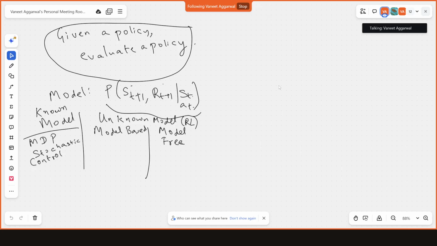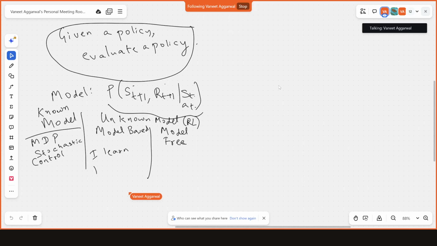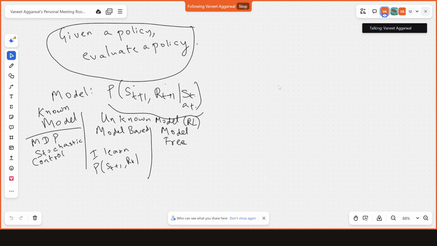Model based means I learn this p of s t plus 1, r t given s t and a t from the data. So I take enough samples and learn it and then can use it. So basically, it is a problem of learning the model and taking decisions with it. So you are allowed to learn the model.